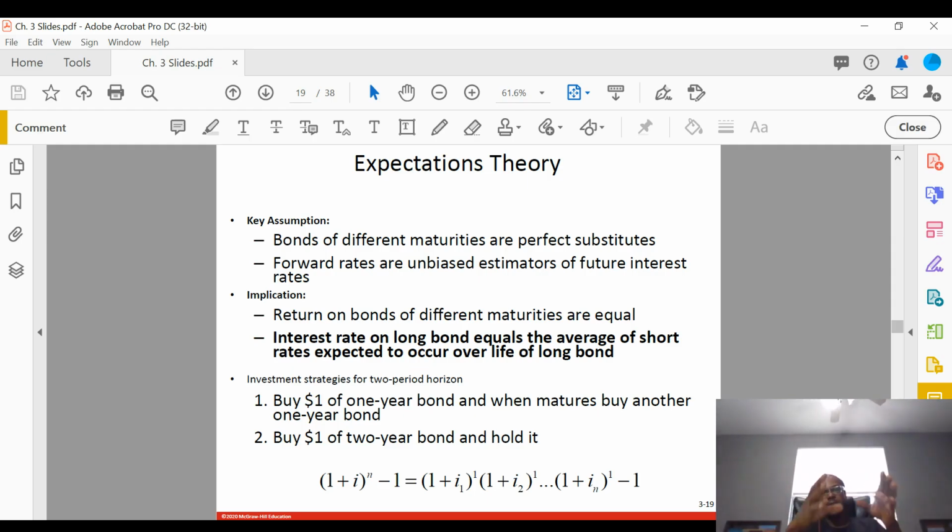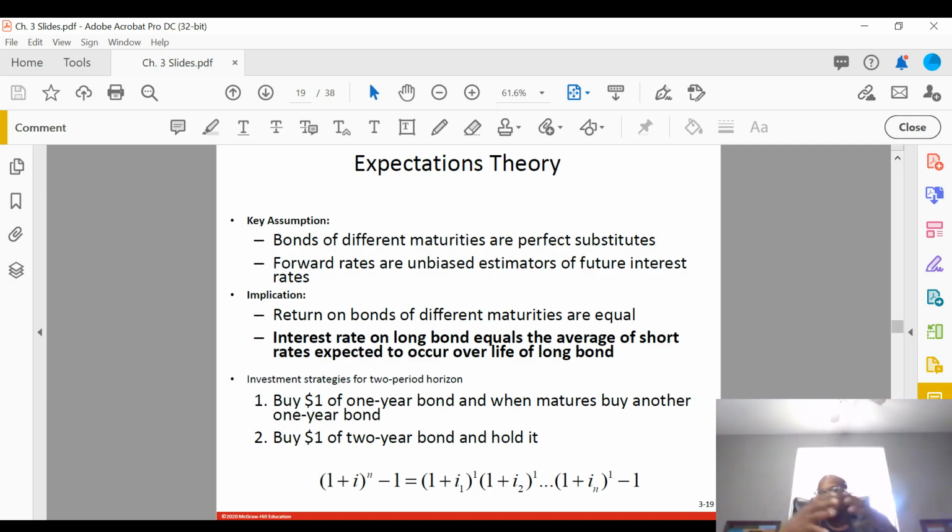So, for instance, the 2-year yield on a bond should be equivalent to the 1-year yield and the expected 1-year rate one year from today. You should be indifferent between buying a 2-year bond today or buying a 1-year bond now, holding it for a year, and then buying another 1-year bond. The two returns will be the exact same in theory.